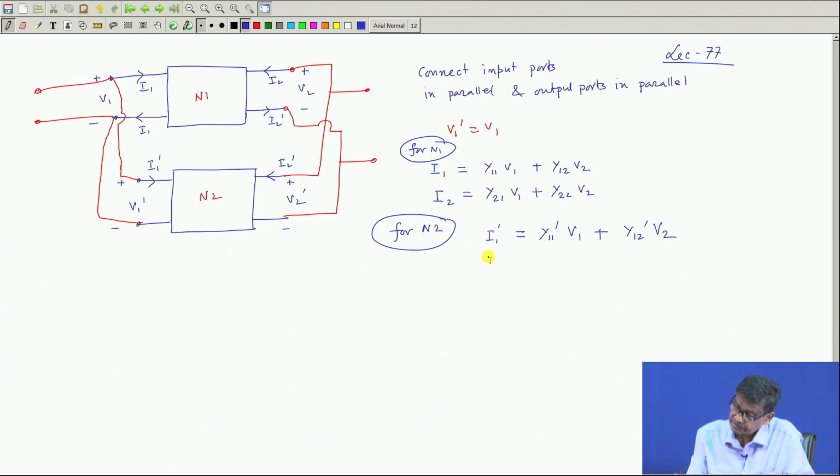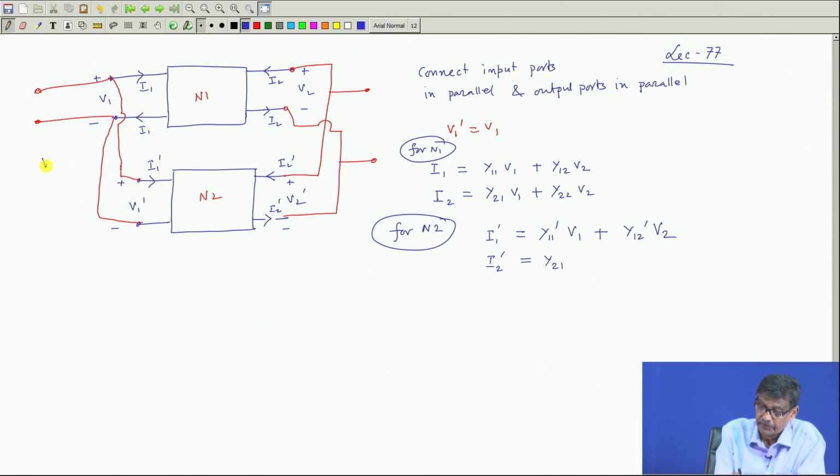Similarly, I 2 dashed. I am sorry, here I have written I 2 instead of I 2 dashed. Similarly, for this I 2 dashed, it will be equal to y 2 1 into V 1 dashed, but V 1 dashed and V 1 are the same.